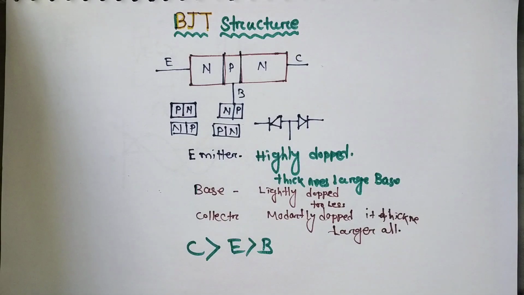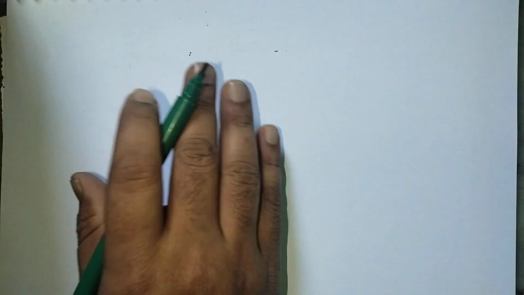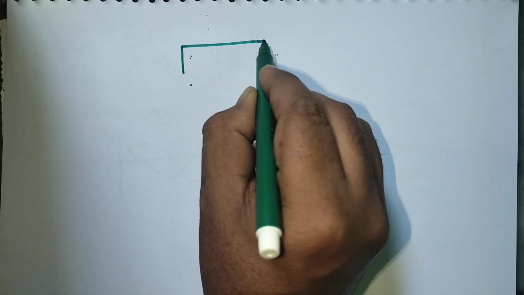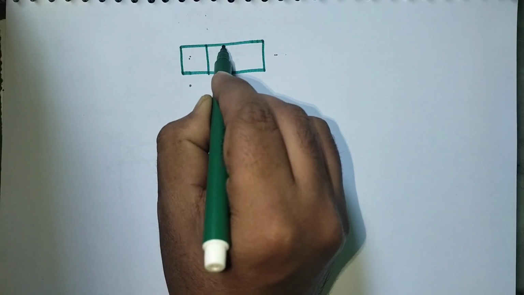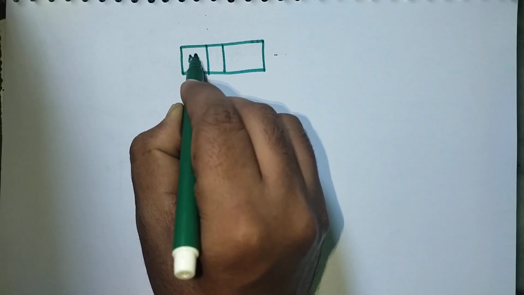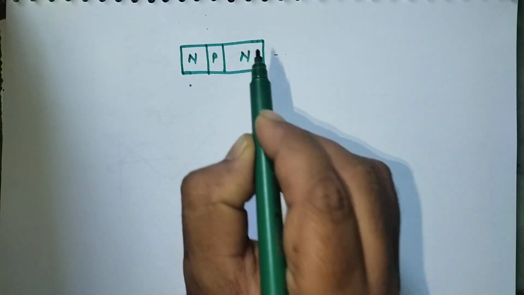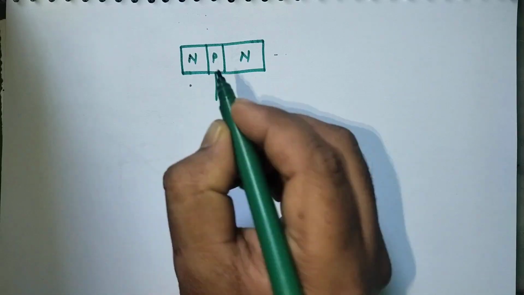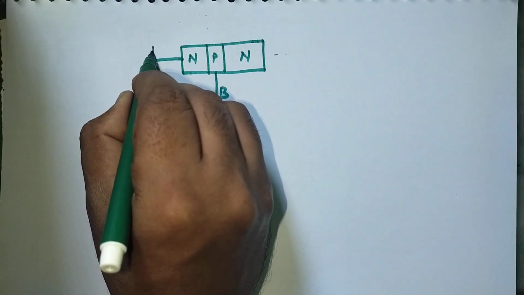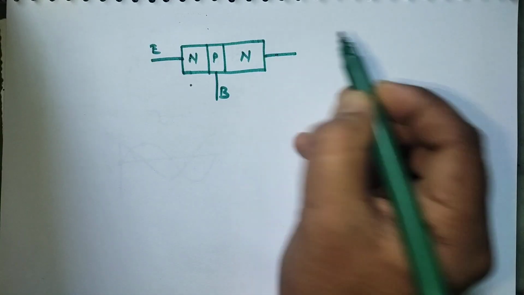Now we see how it happens. Here we take one NPN transistor. This is the base, this is the emitter, this is the collector.